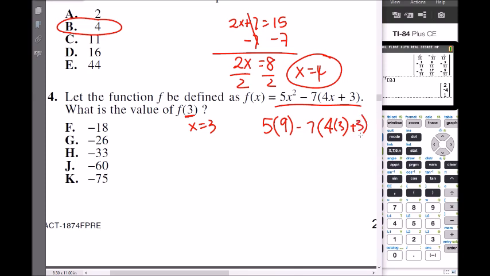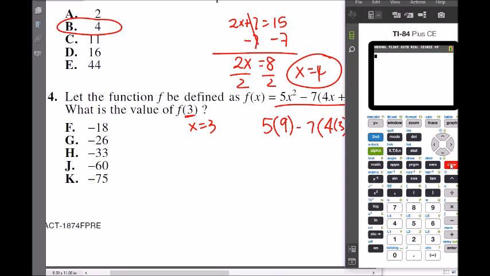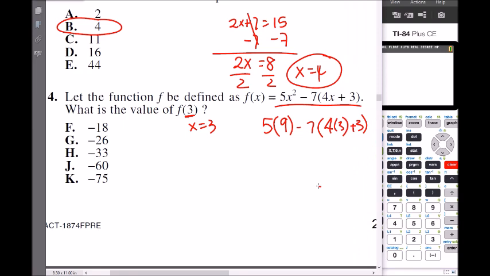And for ACT, you can use a calculator for the math section, but you can do all of the questions without a calculator. So don't try to use it every single time, just when you need a calculator, okay? Sometimes it's quicker to just do it by hand. So 5 times 9 is 45, minus 12 plus 3 is 15.